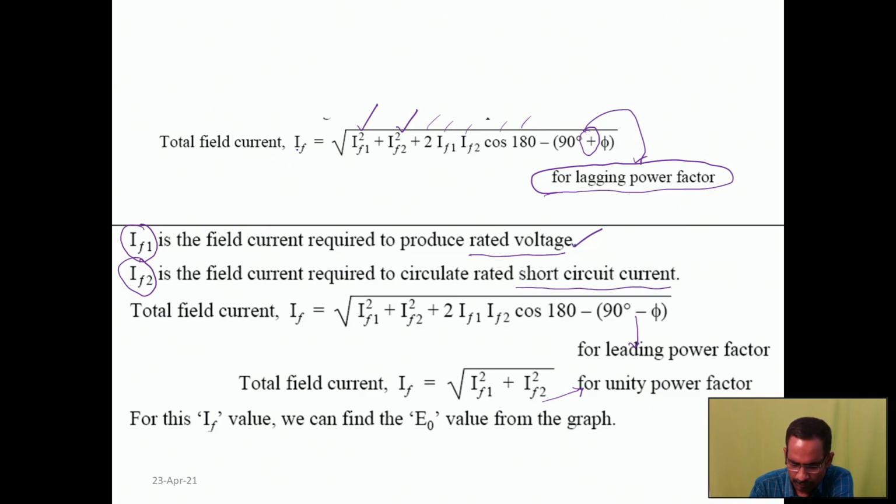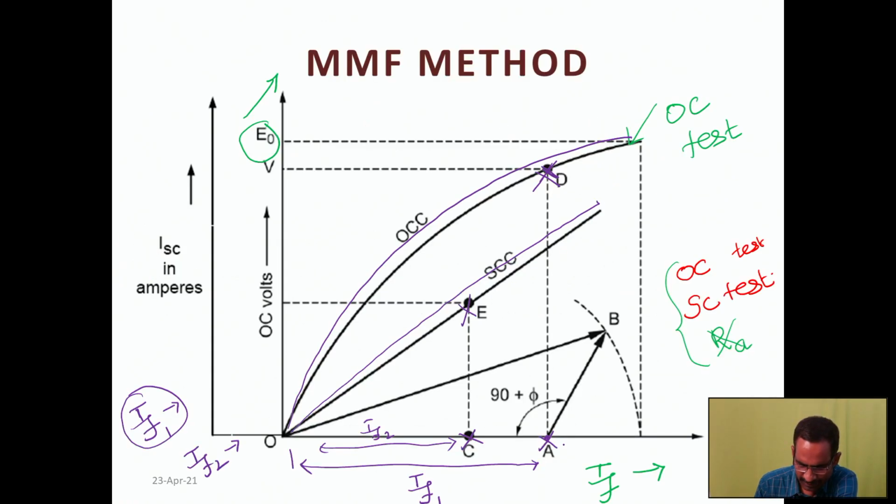Okay. Then after calculating that IF value, here it is 90 plus phi. So the angle, for example, if you are calculating it for the power factor of 0.8 lagging, then cos inverse of 0.8 will give us the value of 36.86 degrees. For the 36.86 degrees, we are adding 90 plus 36, it is around 126 point something.